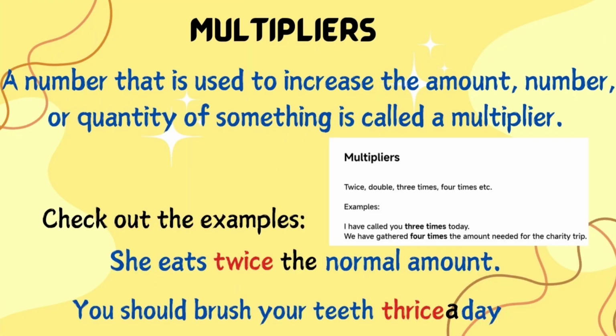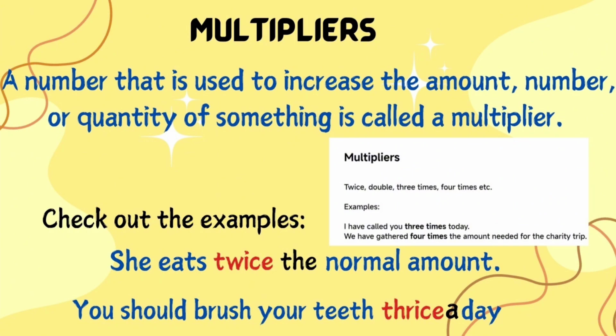Multipliers. A number that is used to increase the amount, number, or quantity of something is called a multiplier. These multipliers are used before countable and uncountable nouns. Now check out the examples. She eats twice the normal amount. You should brush your teeth thrice a day.